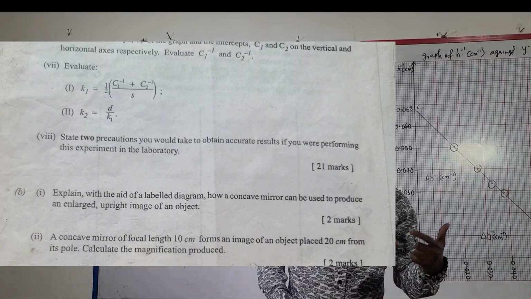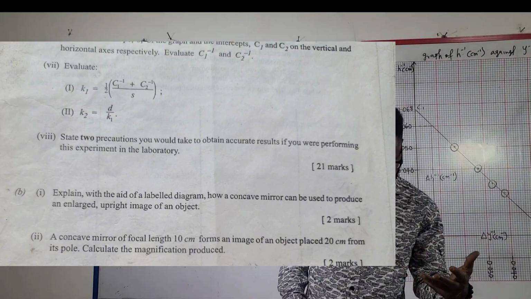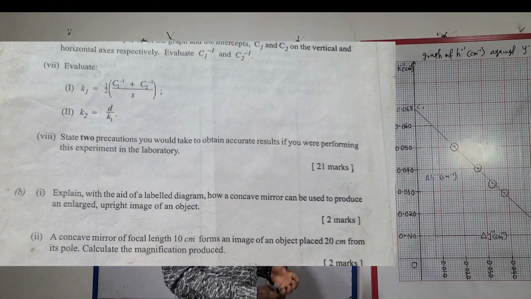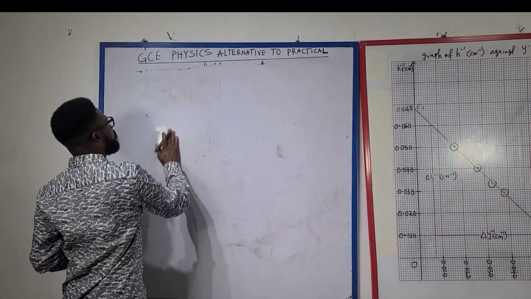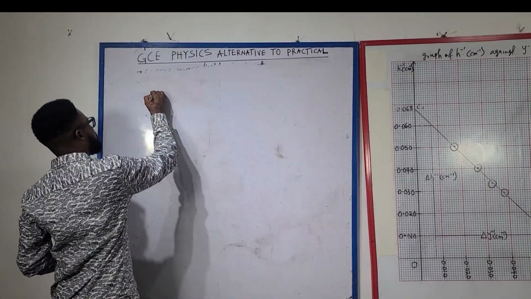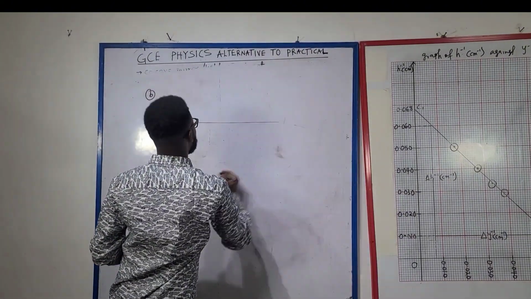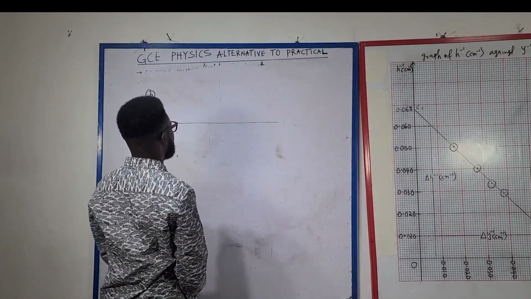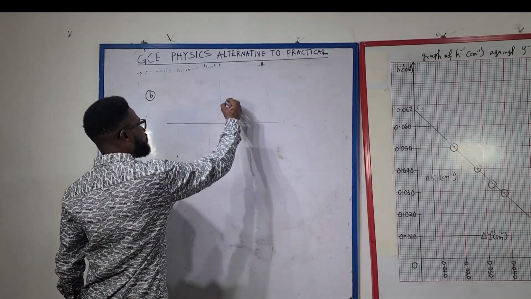Explain with the aid of a labeled diagram how a concave mirror can be used to produce an enlarged upright image of an object. The very first thing is your axis. If you haven't drawn your axis, get your curved mirror in place.